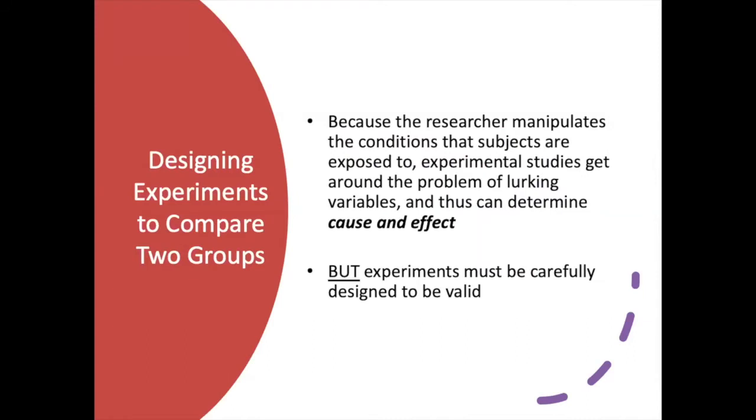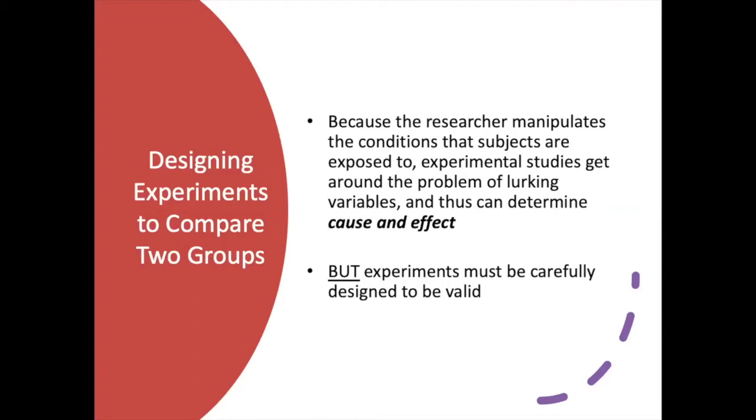Experiments get around this problem of a lurking variable because the researcher manipulates the conditions that some of the subjects are exposed to, and as a result breaks apart this effect of the lurking variable and allows us to determine cause and effect.